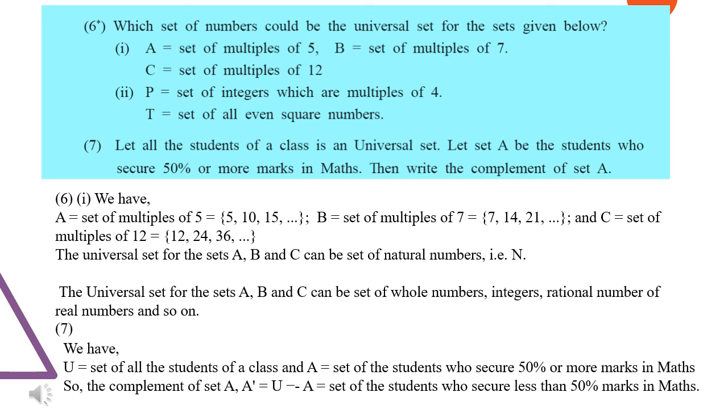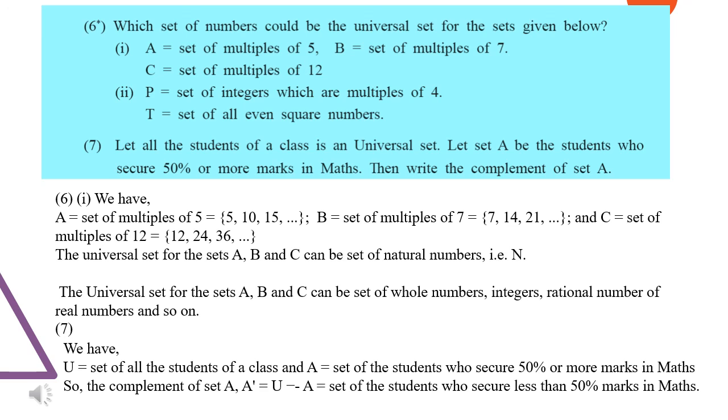Question 7. Let all the students of a class be the universal set. Let set A be the students who secure 50% or more marks in maths. Then write the complement of set A. Now we have here the universal set, which is the set of all students of the class.